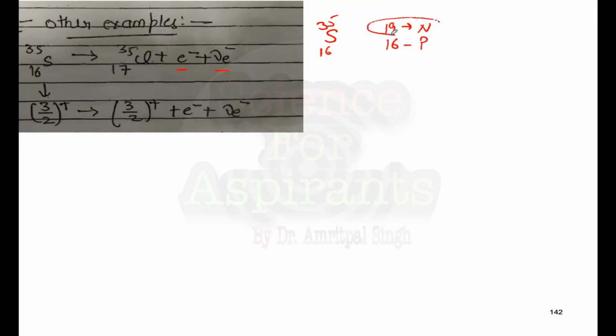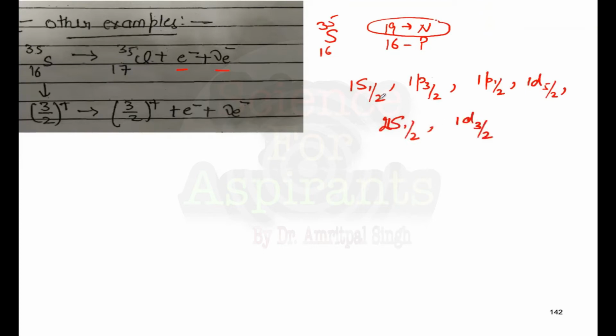The total spin will be due to the last unpaired neutron, and using the shell model you can calculate it: 1s1 by 2, 1p3 by 2, 1p1 by 2, then in the d orbital 1d5 by 2, then 2s1 by 2, and then 1d3 by 2. You can calculate the total number of nucleons from 2j plus 1.